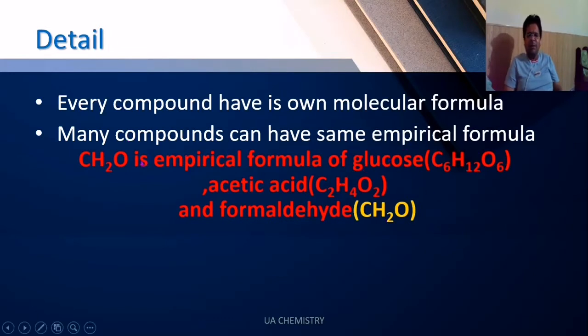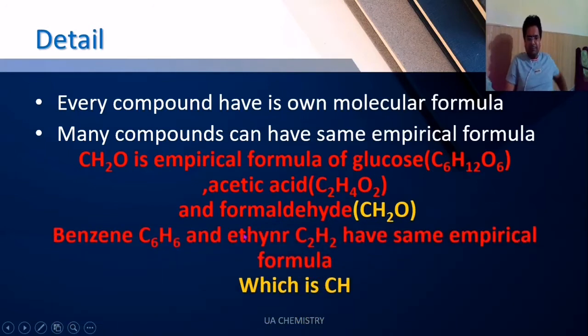For example, this is the formula of glucose, and the same one is the formula of formaldehyde and acetic acid. So glucose, acetic acid and formaldehyde have the same empirical formula. The next ones are benzene and ethyne. They have the same empirical formula, CH.